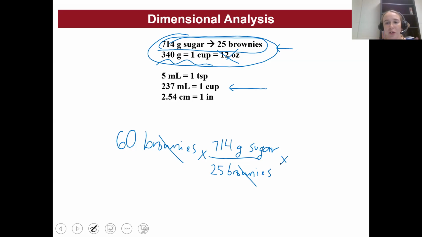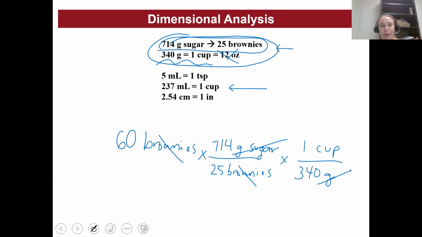So here's our other conversion factor. We want grams to cancel out and cups to be our answer, so cups is going to be on top and grams on the bottom. So 340 grams per 1 cup. Grams cancel out, and we're going to end up with cups of sugar.